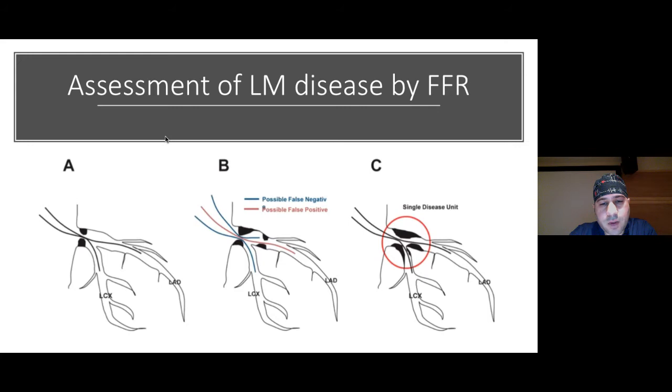Whereas if you park the wire into the circumflex artery, it might be a possible false negative because of the increased flow through the circumflex artery because of the tight stenosis in the LAD. So it becomes very difficult to assess with physiology when you're trying to assess whether the left main is significant or not in the presence of multiple lesions.